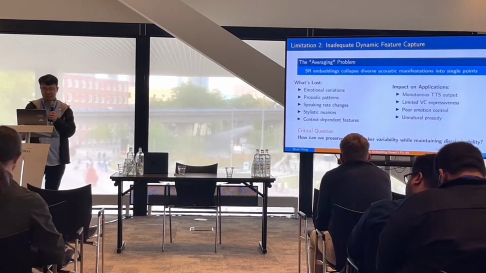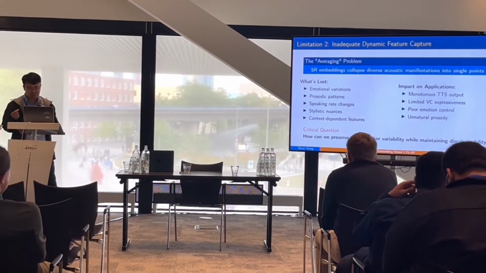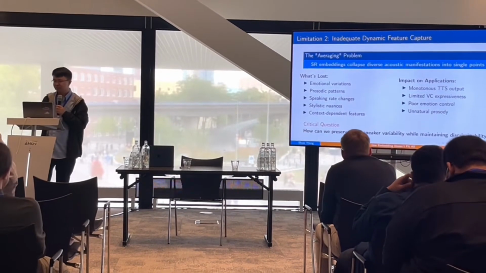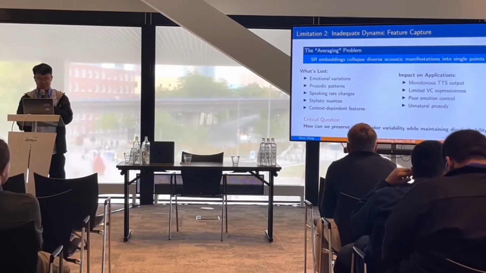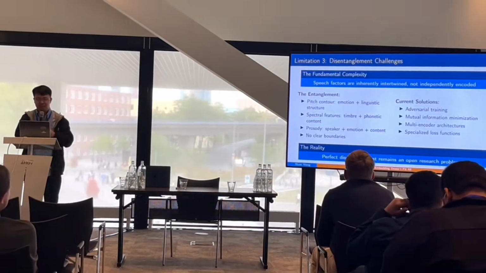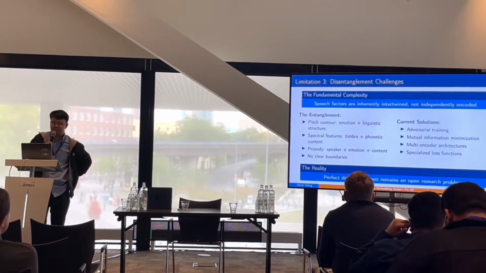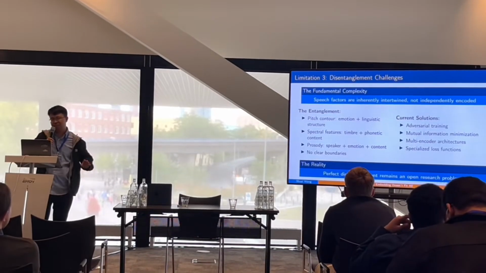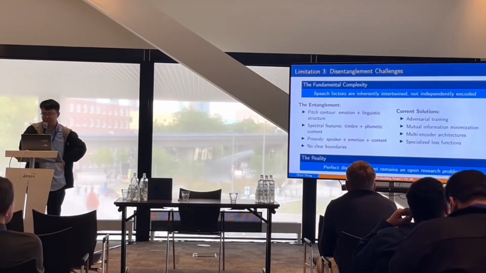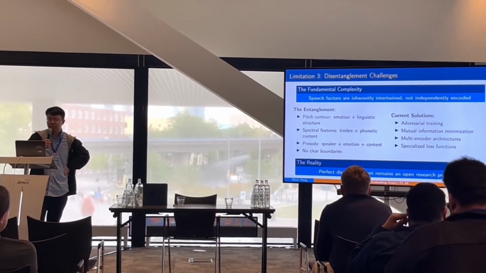And here the critical question is how we can preserve this kind of intra-speaker variability while maintaining the discriminative ability. And the third limitation is the disentanglement challenge. The fundamental complexity is that speech factors are inherently intertwined. They are not independently encoded.